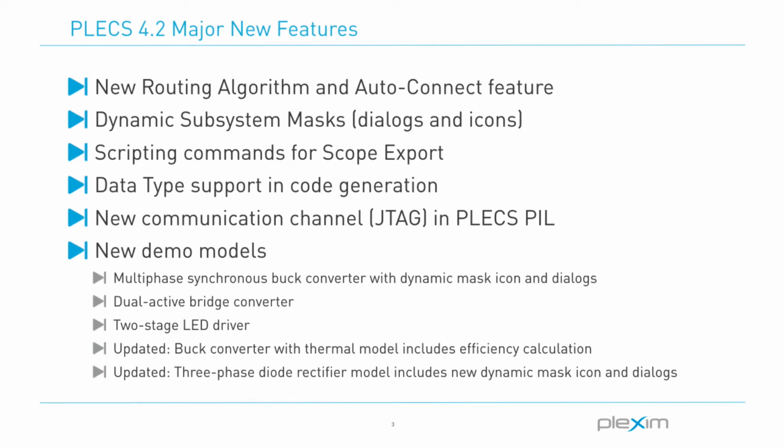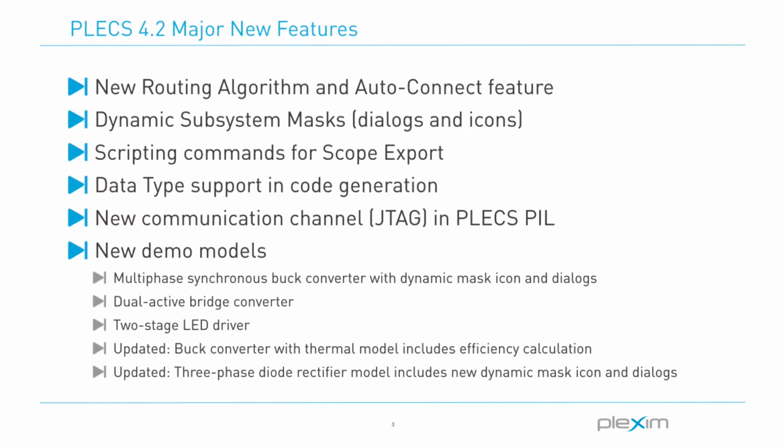Okay, so the next major feature of Plex 4.2 is in the Plex Coder, which is an add-on to Plex. If you want Plex Coder, you can always request a trial from us if you want to play with that. Right now, what we can do is support data types other than floating point with this new version. We have only supported floating point until now.